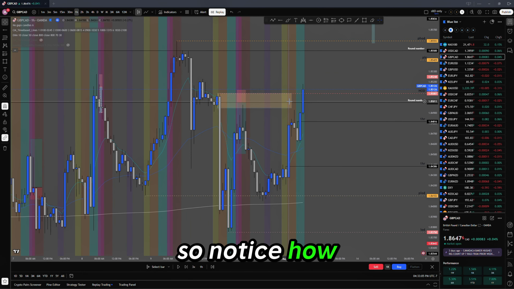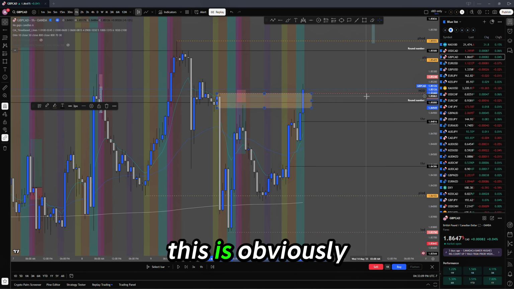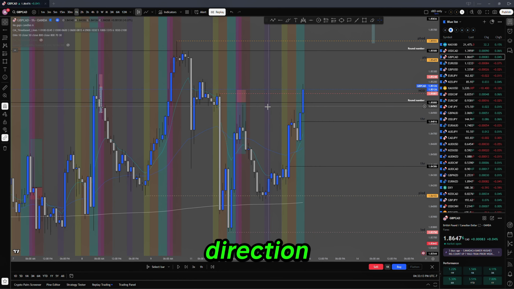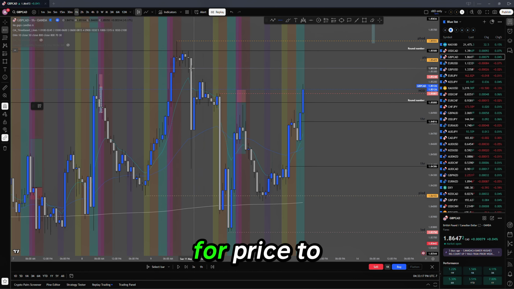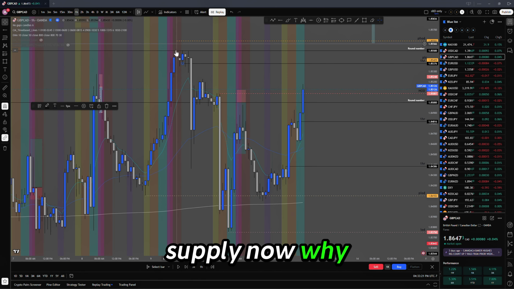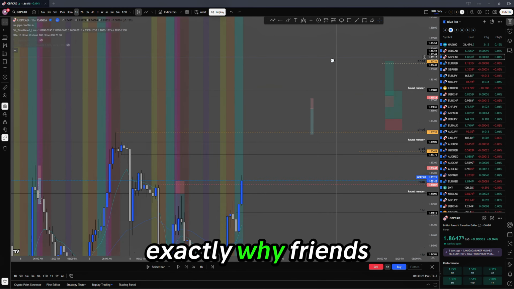So notice how price candle closed beyond this. This is obviously used, so we cannot use this as direction. So where is the next area for price to head to? It's going to be that 1 hour supply. Now, why? I'll show you exactly why, my friends.